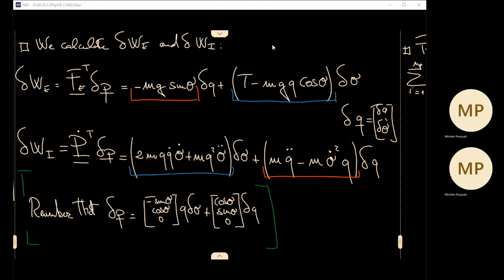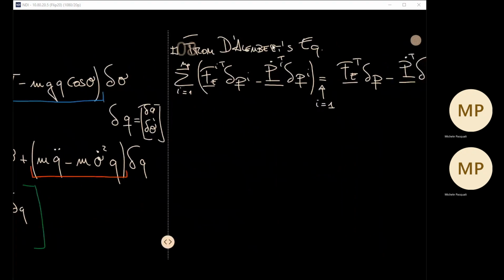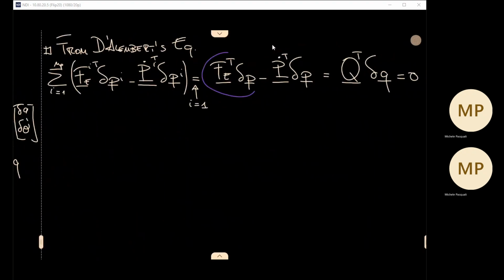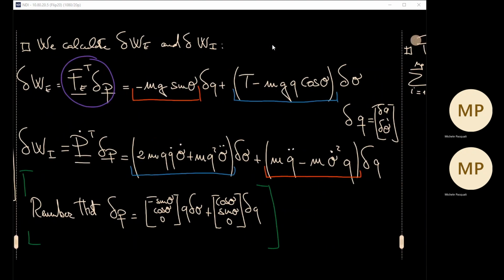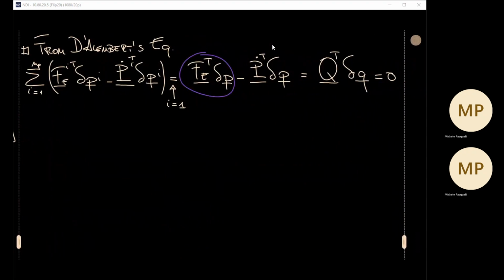So if I want to write this, you see here we have Fe delta P, P dot delta P. These are actually what we were missing. So this is this. See? And this here is this. See? So if we substitute in here, we can get Q.